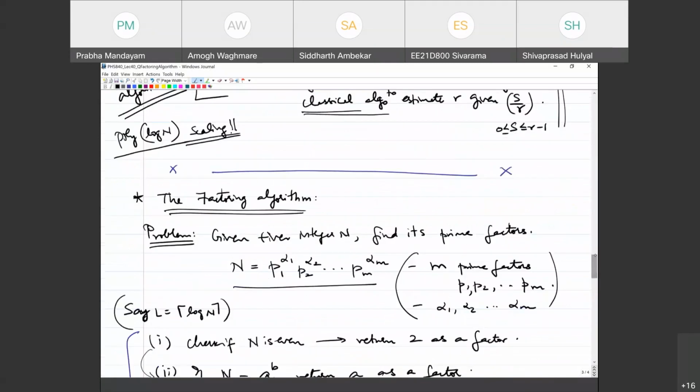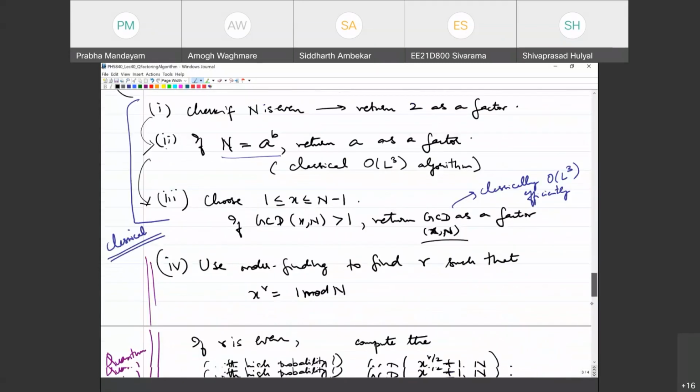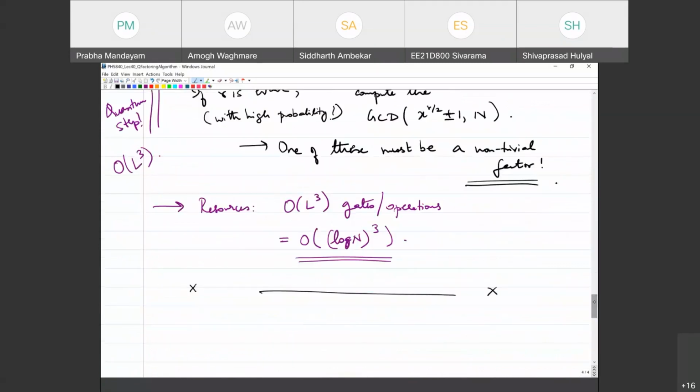There are, in fact, other approaches to doing factoring as well, based on what is called a discrete log algorithm. But it turns out that at the heart of all of that speed up is the ability to do a Fourier transform of some form. So order finding does have other applications.